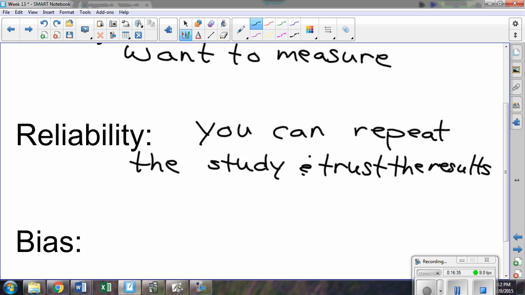No. Redea, being as tiny as you are, if we were to have you step on the scale and it said 230, even if we looked at it one time, do you really believe Redea weighs 230 being as tiny as she is? No. Those are potential issues with reliability. If the tools you're using are broken, you can't trust the results.